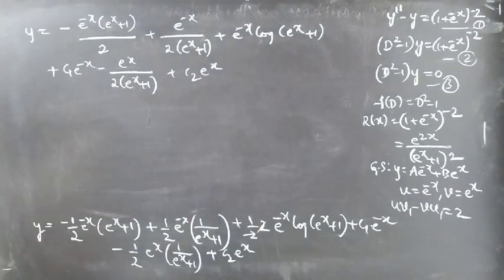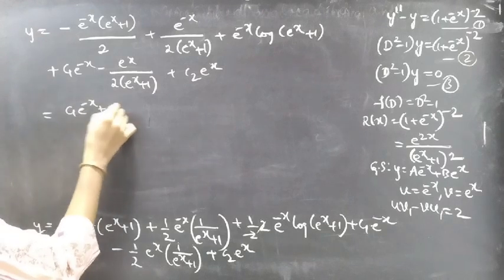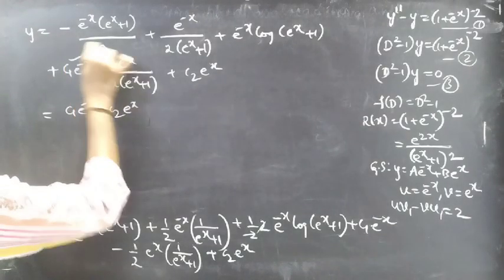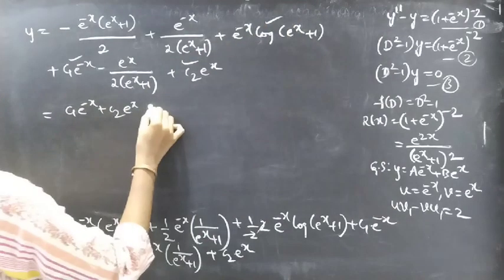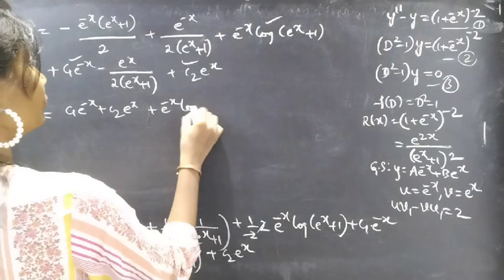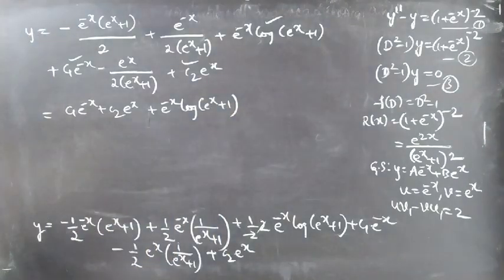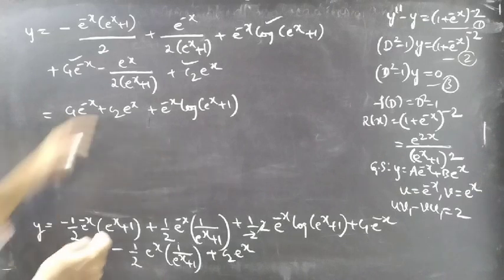Or we can just write this as, first write the terms involving c1 and c2. Now write the term involving log. Now write the remaining 3 terms. I'll write the term involving plus firstly.